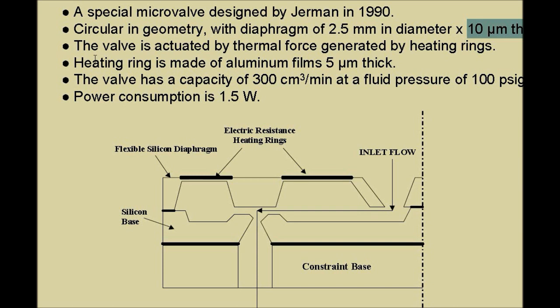Then you have the heating rings. These heating rings are made up of a material, normally aluminum, which is 5 micrometer thickness. Then this valve has a capacity of 300 cubic centimeter per minute, meaning the capacity of this valve to take the volume of fluid is 300 cm³ per minute.